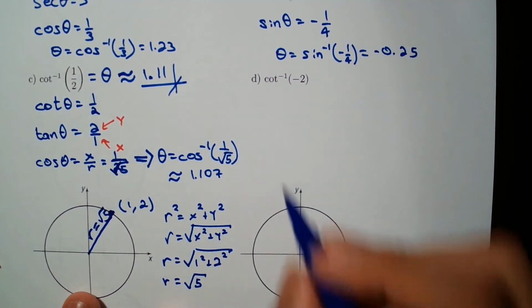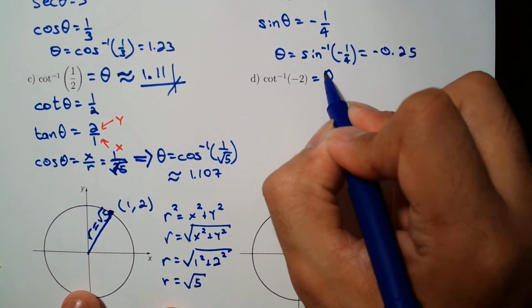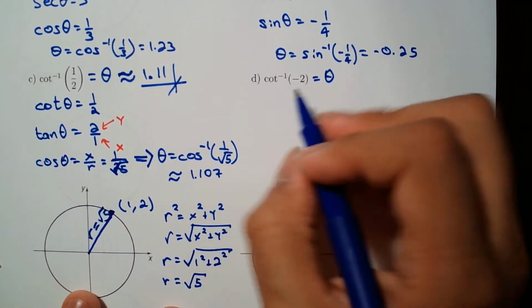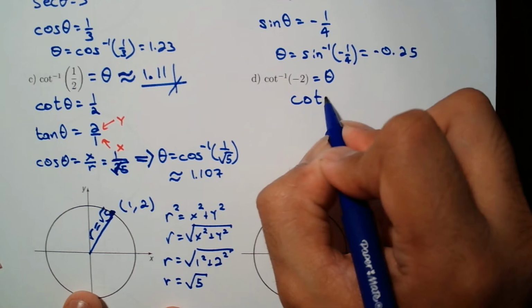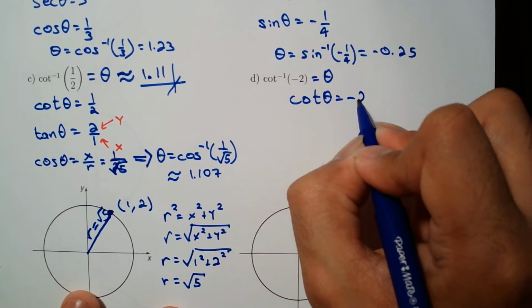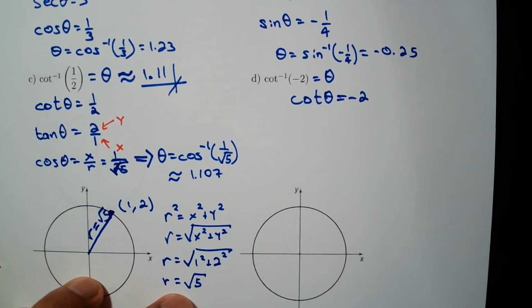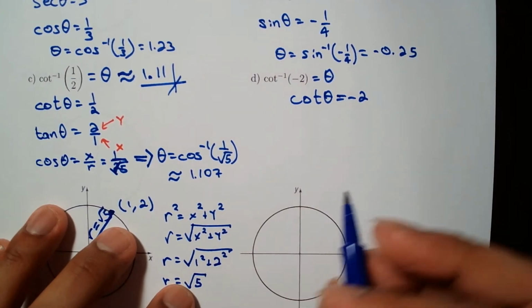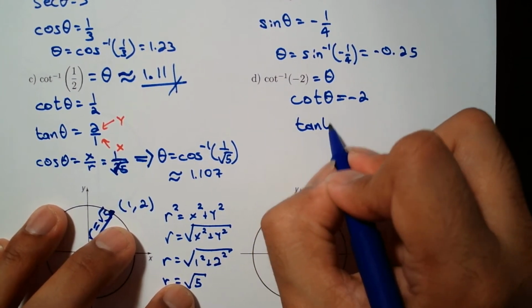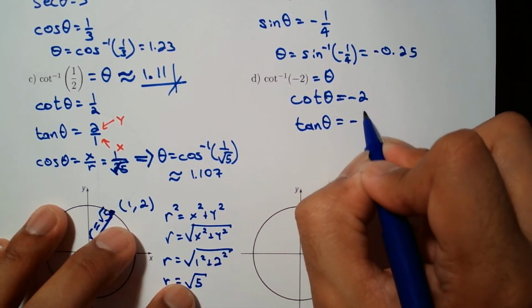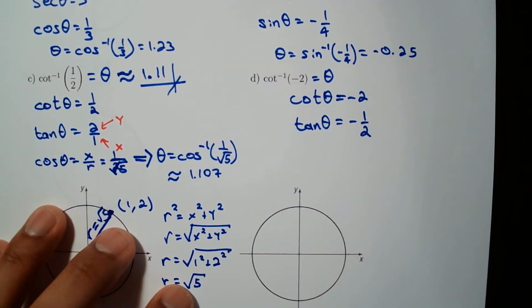So let's see. Cotangent inverse of -2, well, that's going to be simply some angle. Using the property of inverse function, that's going to tell us that cotangent theta equals -2. And then, using the reciprocal of cotangent, which is tangent theta, that's -1/2. All right.